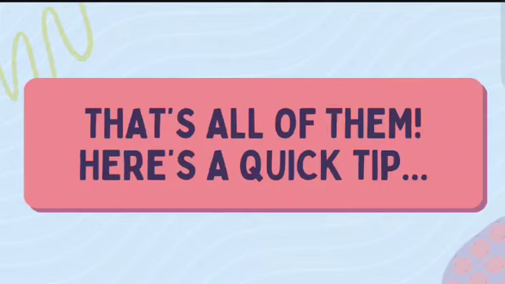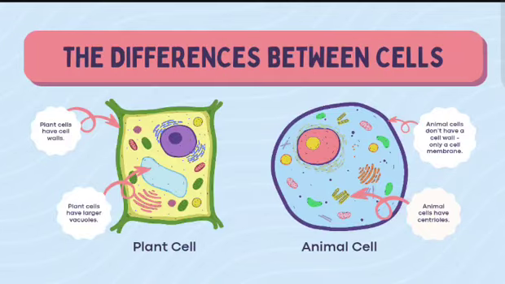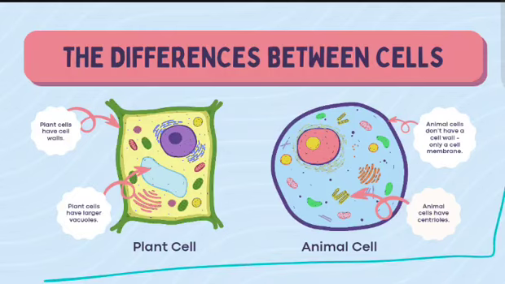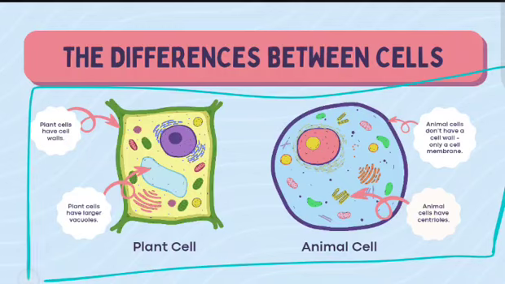That's all of them. Here's a quick tip: the difference between the cells. I made a chart also for you all to make it easy. Plant cells have a cell wall, and plant cells have larger vacuoles.